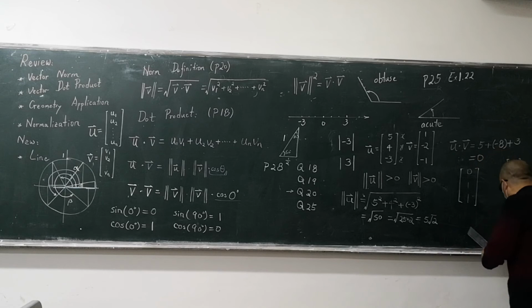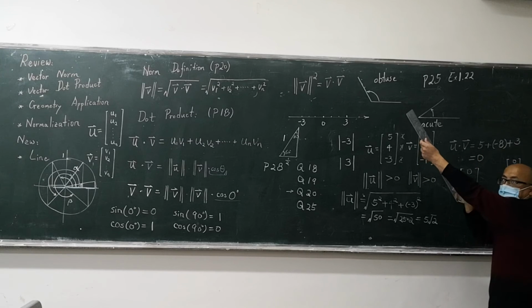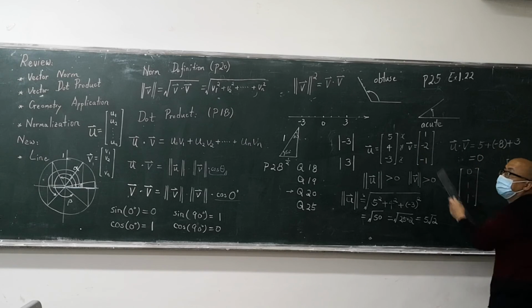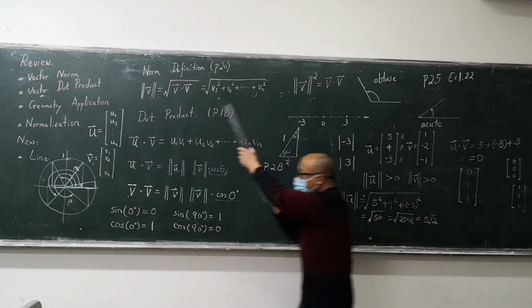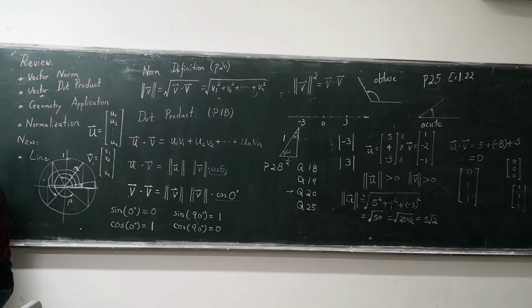Now the vector from here over there, can you give me? 1. I'm not moving anything. So it's 1. It's 0, okay? I'm not moving over there.